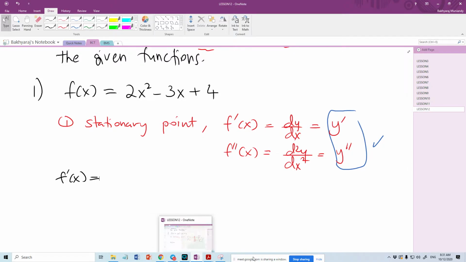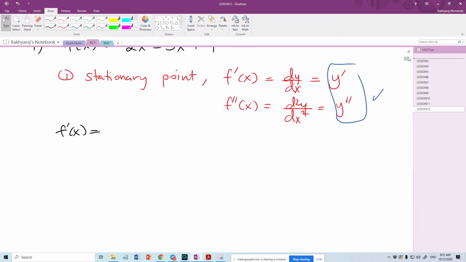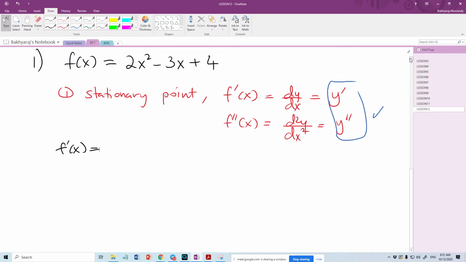f prime will be equal to, anyone? Volunteer? Yeah, correct. 4x minus 3. So we get 4x minus 3. Okay, so we already get the first derivative. When we get the first derivative, remember what I taught you? dy dx must be zero. Now I put it equal to 0.